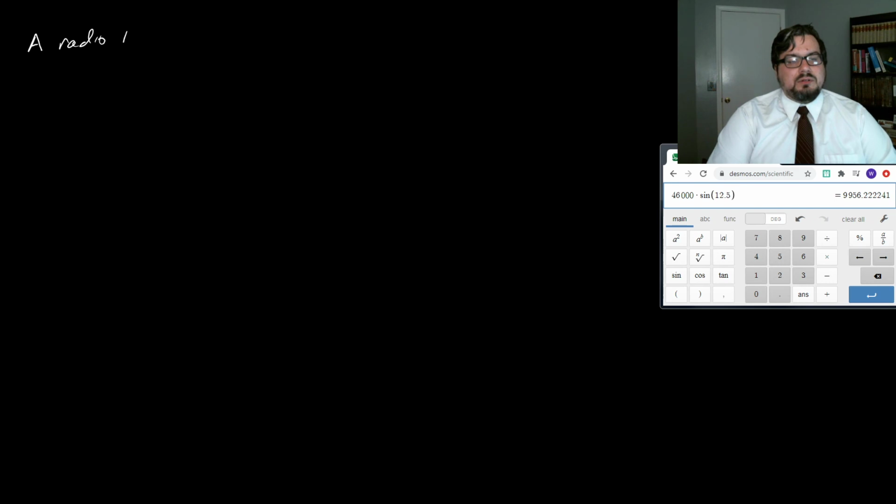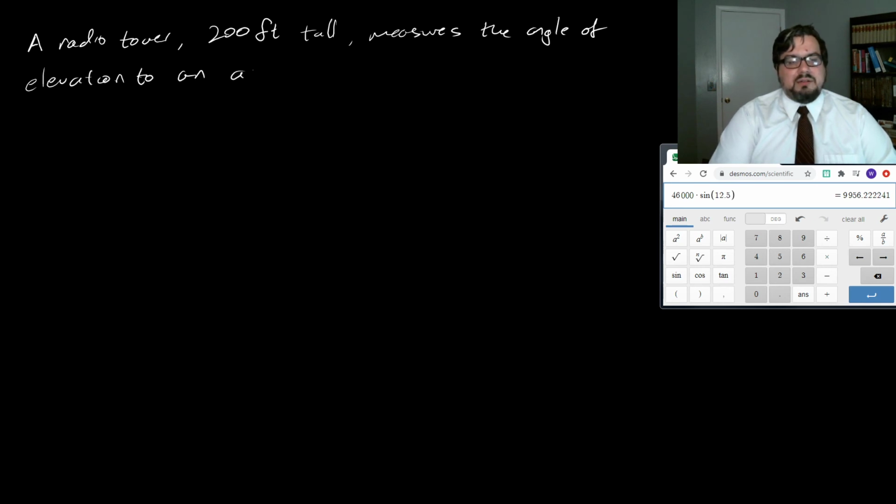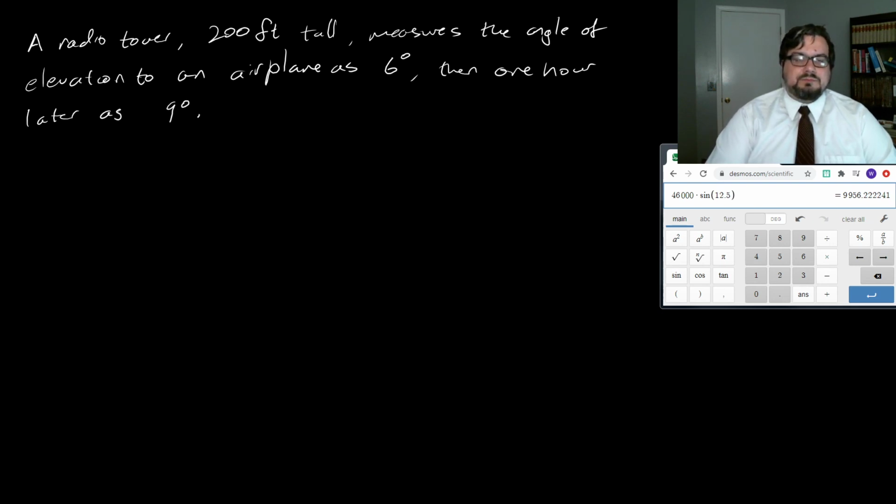A radio tower which sits 200 feet tall measures the angle of elevation to an airplane as 6 degrees, then 1 hour later as 9 degrees.